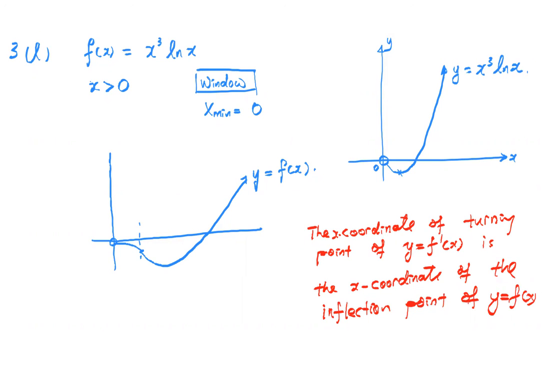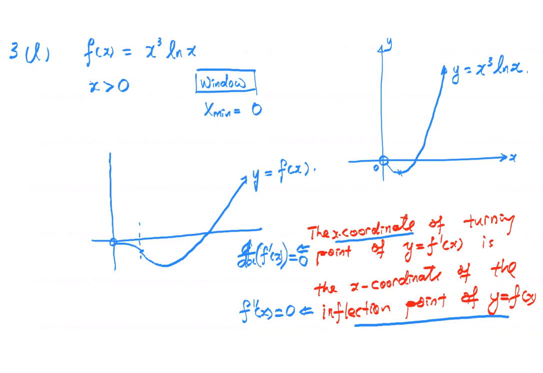Because to get the inflection point of y equals f(x), we must set f double prime x equal to 0, correct? So to get the x coordinate of the turning point of f prime x, that means we must set d/dx of f prime x equal to 0, correct?